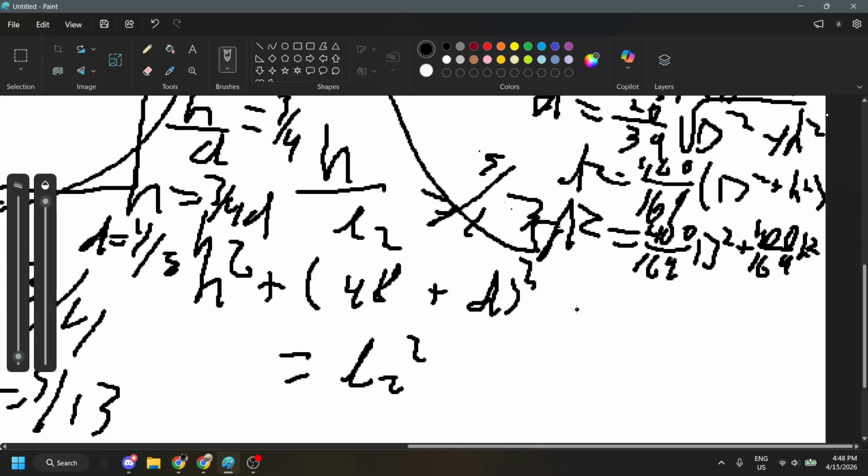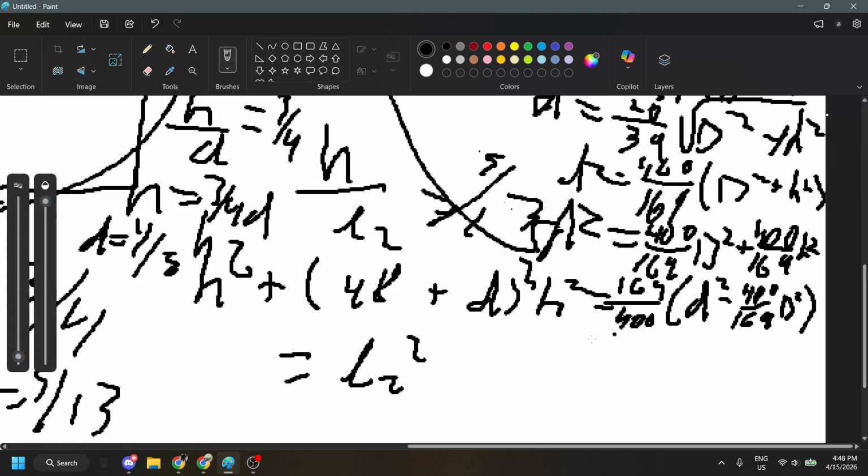Isolate h, we get h squared is equal to 169 over 400 times d squared minus big D squared.